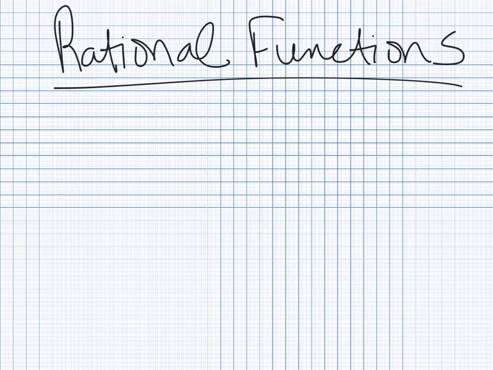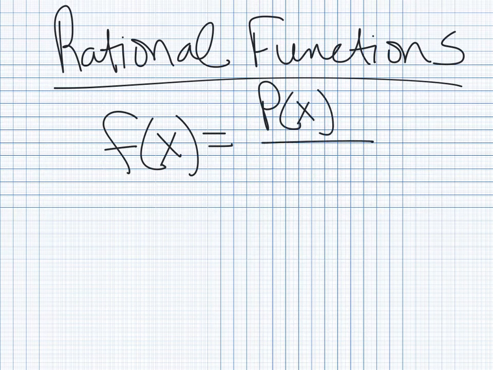So, rational functions are any functions of the form f of x equals p of x over q of x, where p of x and q of x are polynomials.